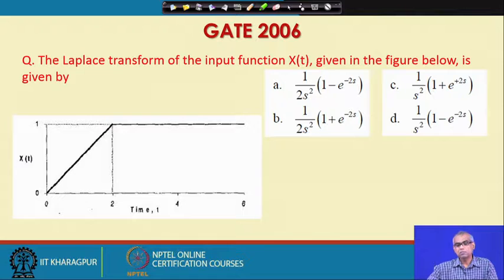Another question on Laplace transformation from year 2006. The Laplace transform of the input function x t given in the figure below is given by, there are 4 expressions given. You have to choose the correct answer.